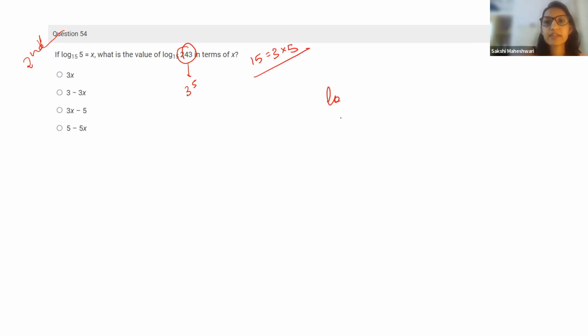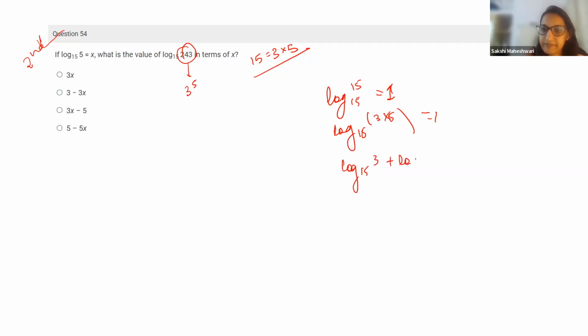See, for example, log 15 of 15 is 1, right? Now log 15 of 15, I can write it as 3 into 5. So this gives me log 15 of 3 plus log 15 of 5 as 1.